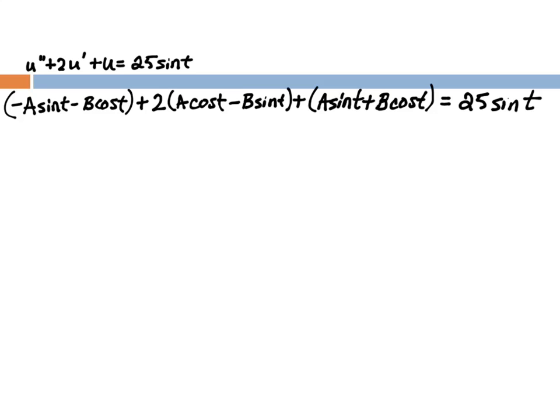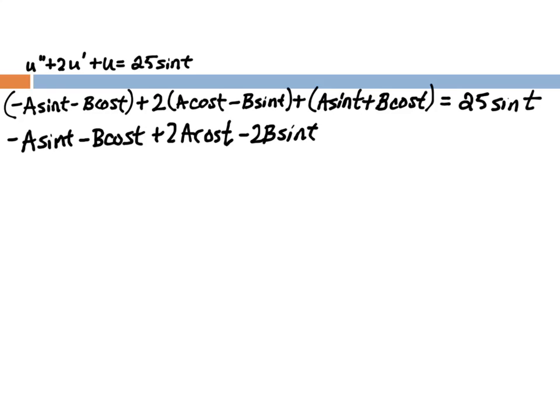So we have negative a sine t minus b cosine t plus 2a cosine t minus 2b sine t plus a sine t plus b cosine t equals 25 sine t.